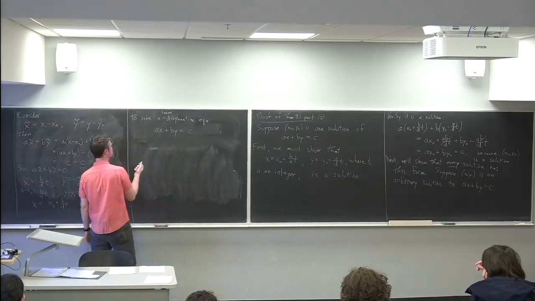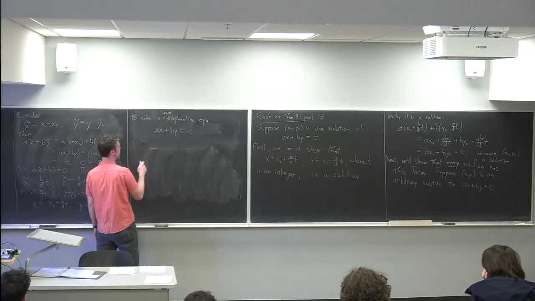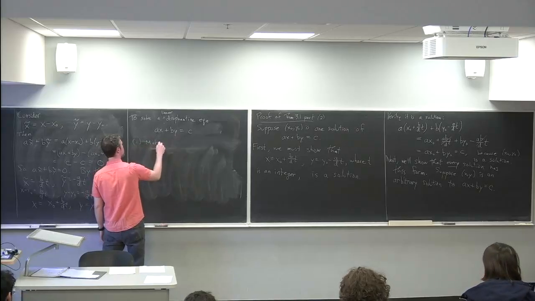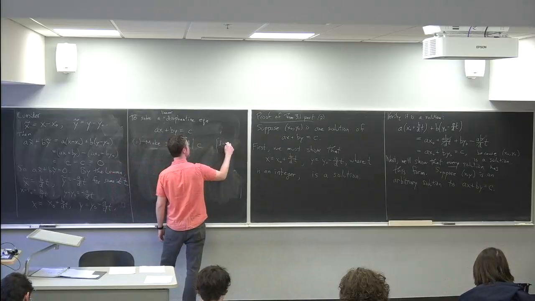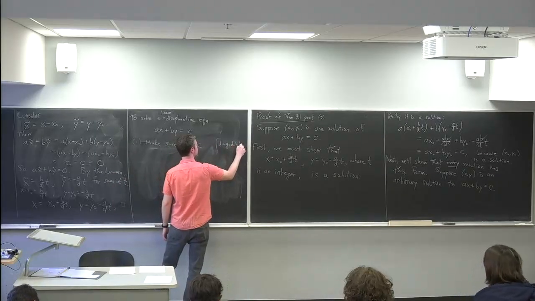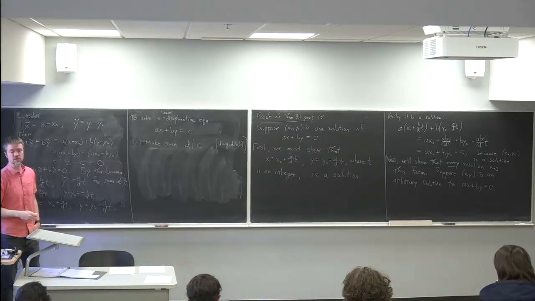Well, I guess the first step you want to do is just to break it down a little bit. Make sure d divides c, right here, d is the GCD. Right, if that's not true, there's no solutions. If it is true, there are solutions, right?